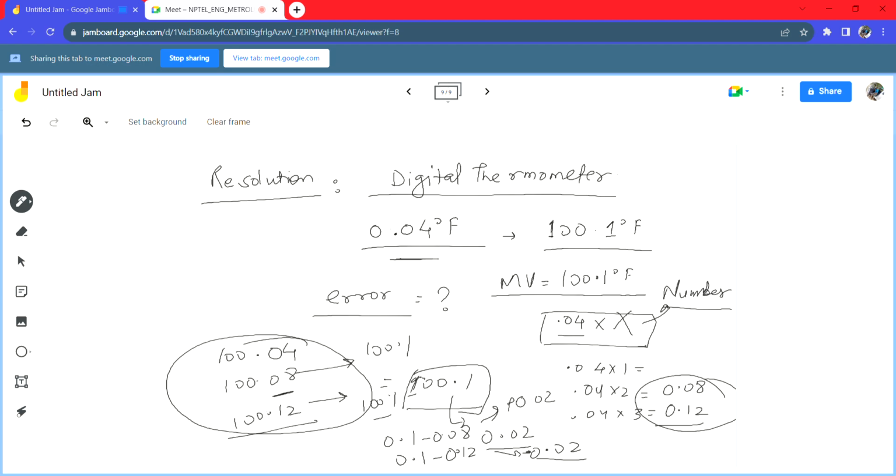Sir, what if it is showing 100.04? If it is showing 100.04 and we have a device that can read two decimal places, then it should be perfect. There should not be an error.